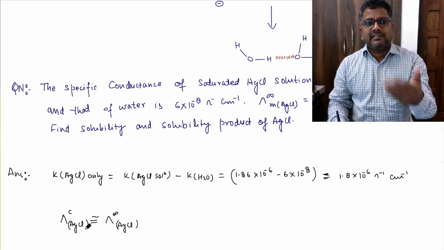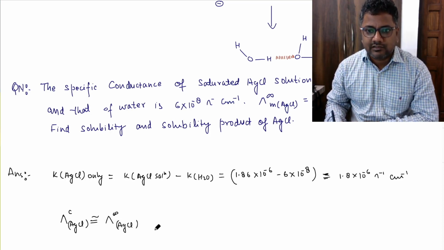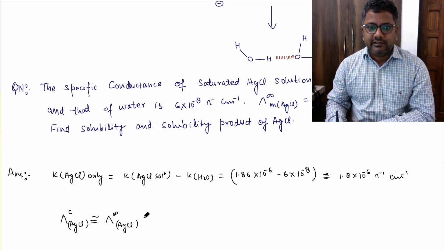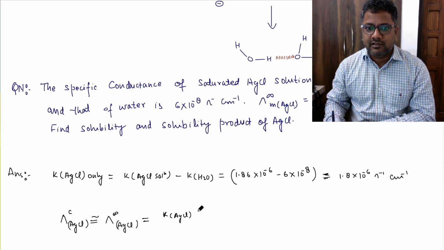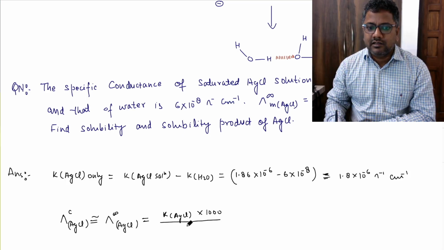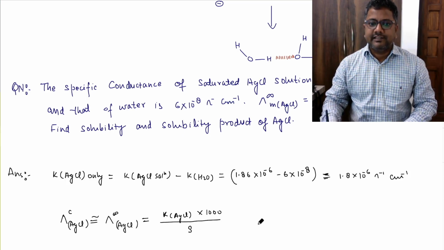No more than that salt can be dissolved. So this is the definition of solubility and solubility product. So this is equal to kappa of AgCl alone, not with water, multiplied by 1000 divided by molarity. In place of molarity, you can take solubility, S.